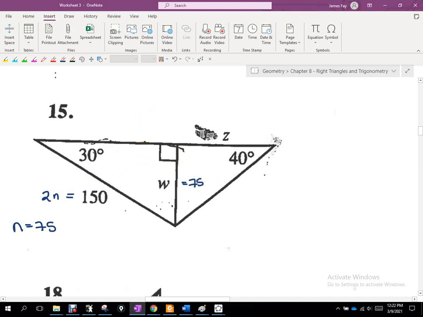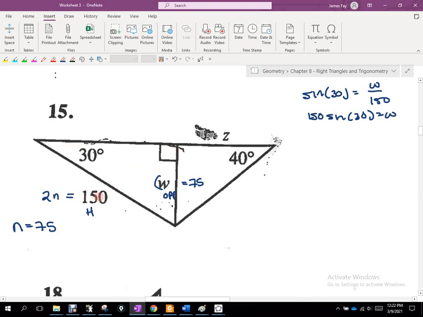If we were looking for W using Sohcahtoa, this would be the opposite side, and this would be the hypotenuse. So sine of 30 is equal to opposite over hypotenuse. Let me start over.